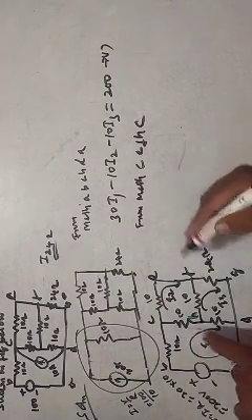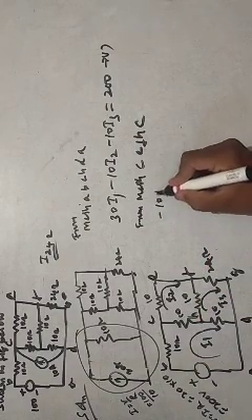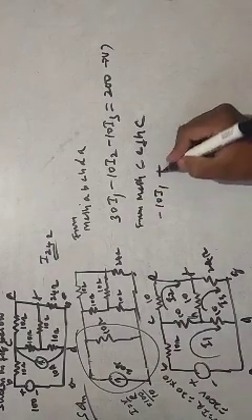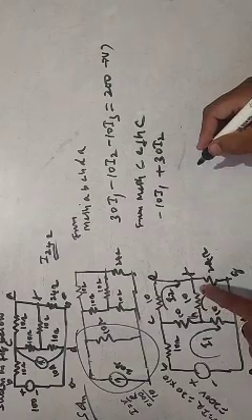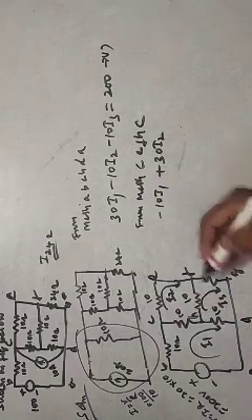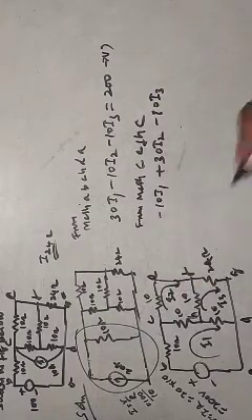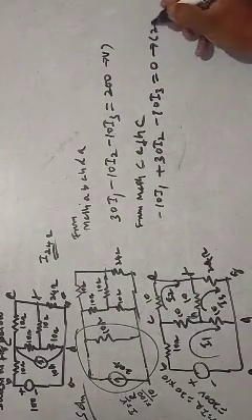This 10 ohm is shared between I1 and I2, so minus 10 I1. And you got 10, 10, 10, totally plus 30 I2. And this 10 ohm is shared between I2 and I3, so minus 10 I3. But it is not having any voltage source, so it is equal to 0. This is equation 2.